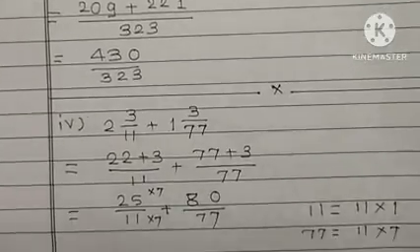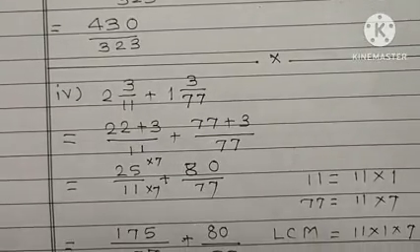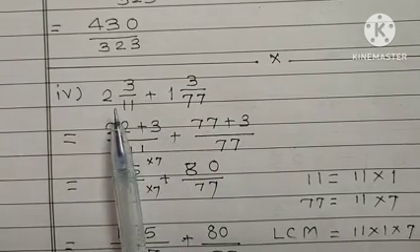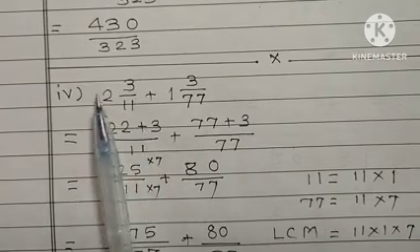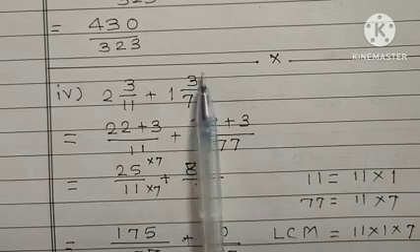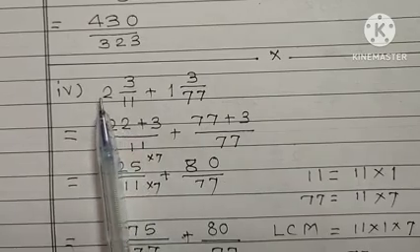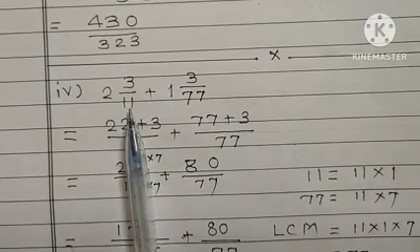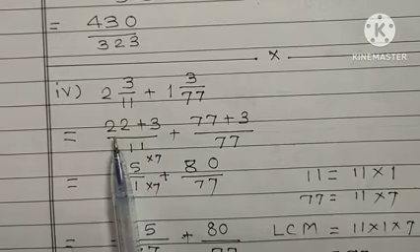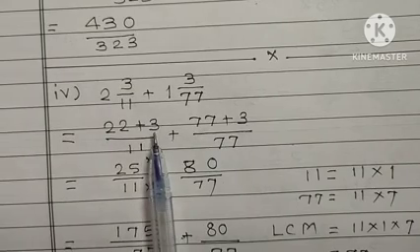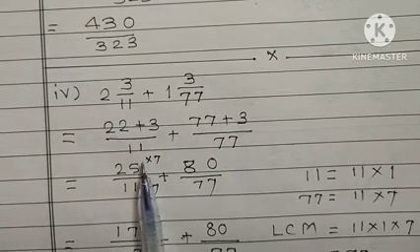Fourth example. Again, here is a mixed number. We have to add them. Before adding, we should convert this mixed number into a rational number. How to convert into a rational number? You know, 2 into 11, 22, plus 3 as it is, upon this 11 as it is.